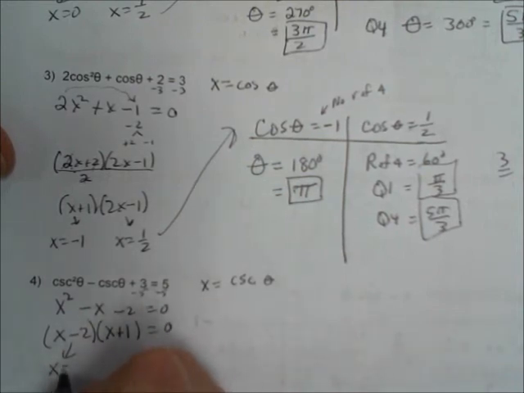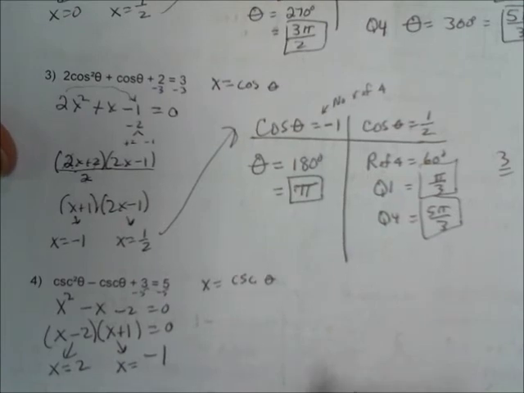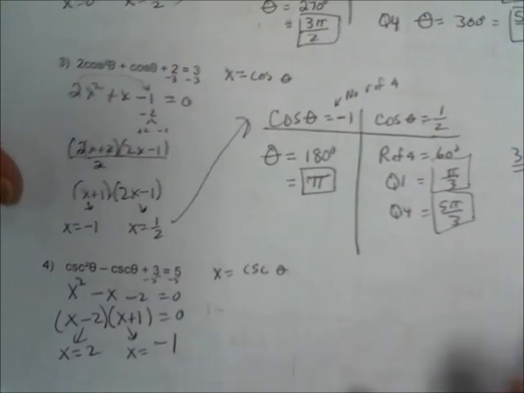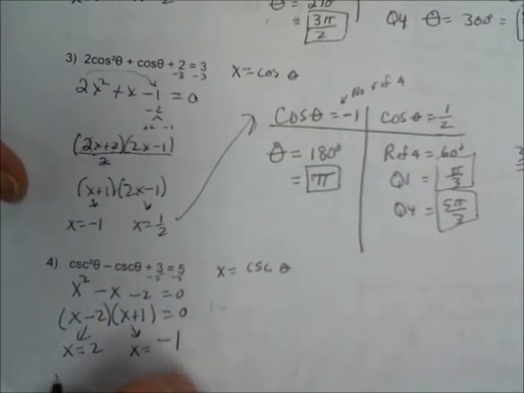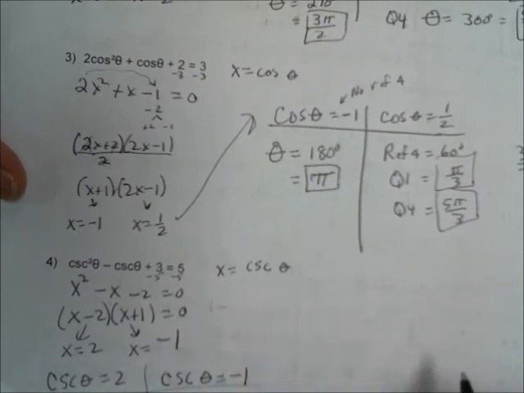So this is x equals 2, and this is x equals -1. But it's not x, it's cosecant. So cosecant of theta equals 2, and cosecant of theta equals -1, right? Kind of like in our t-table.